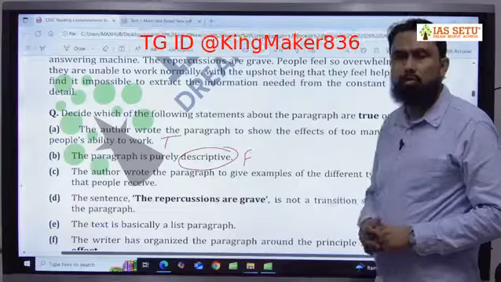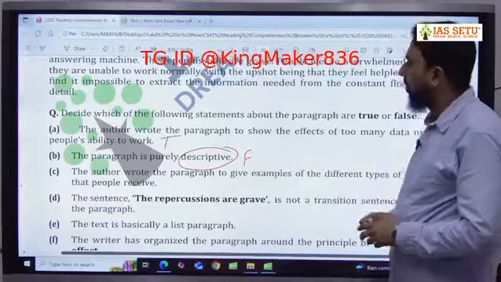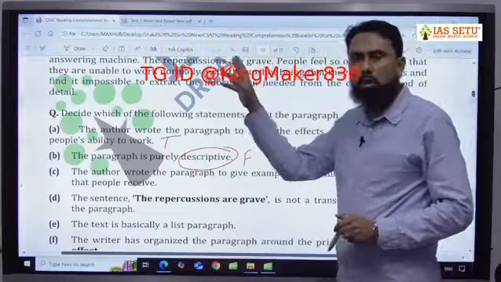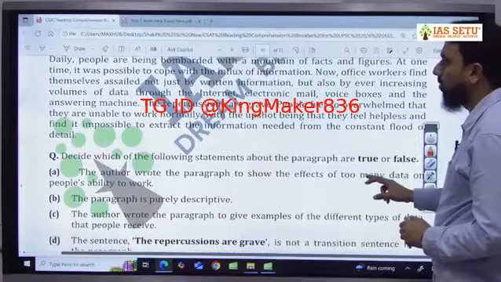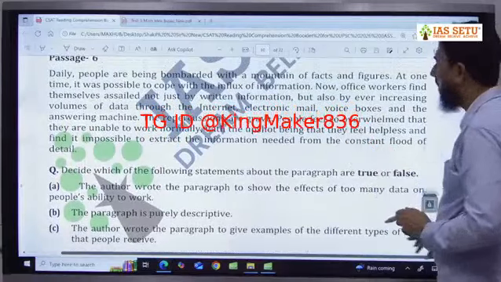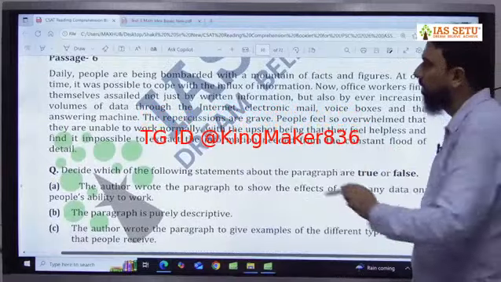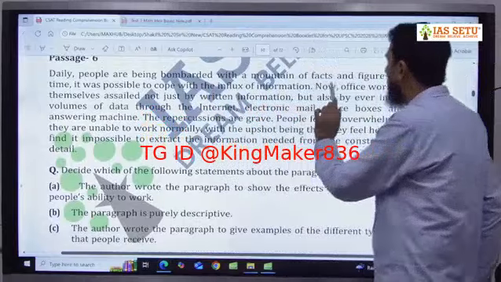Still it's not. Let me finish the point. You see, he has started that daily people are being bombarded with lots of data and information. Yes, it is persuasive. People are being bombarded with the mountain of facts and figures, right?